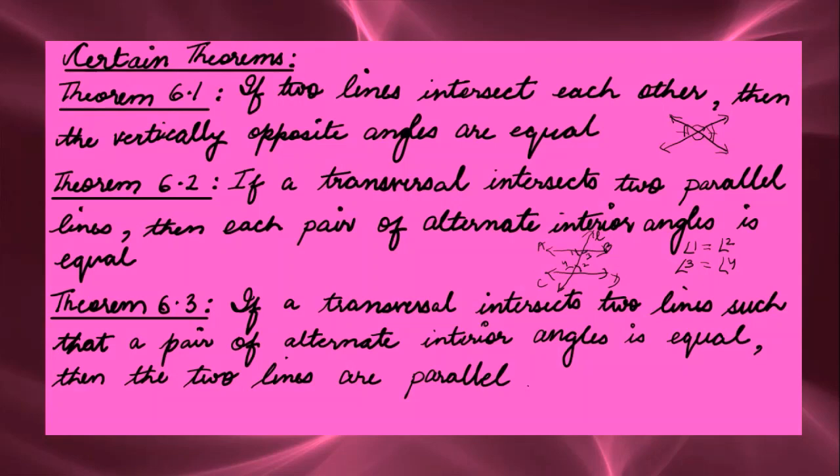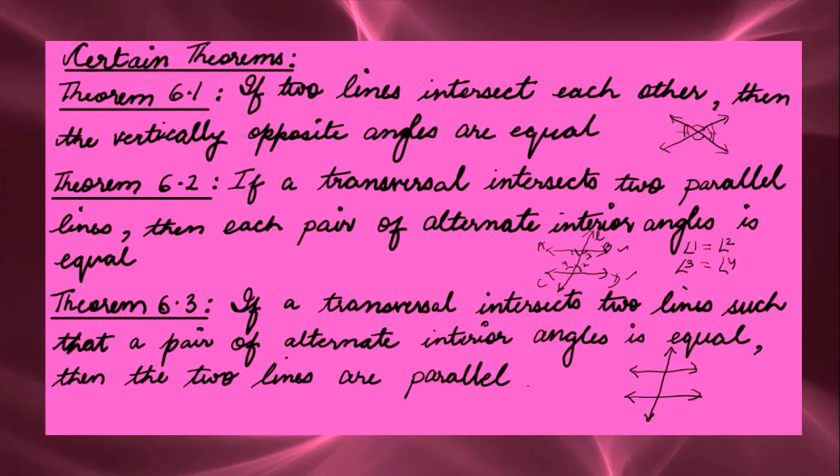Theorem 6.3: if a transversal intersects two lines, such that a pair of alternate interior angles is equal, then the two lines are parallel. Previously it was given that the two lines were parallel, and then the alternate interior angles were equal.